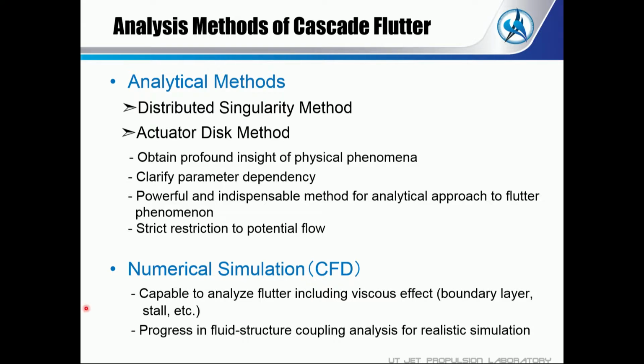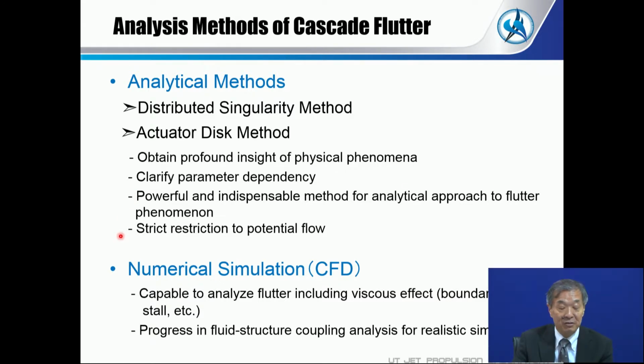So these methods can give profound insight into the physical phenomena of flutter, and we can clarify the parameter dependency very easily. So these are powerful and indispensable methods for the analytical approach to flutter and for understanding the physics of the flutter phenomenon. But there is a strict restriction of the potential flow assumption.